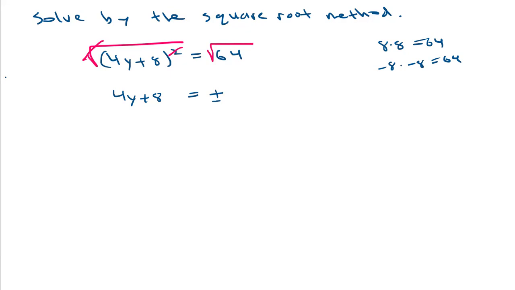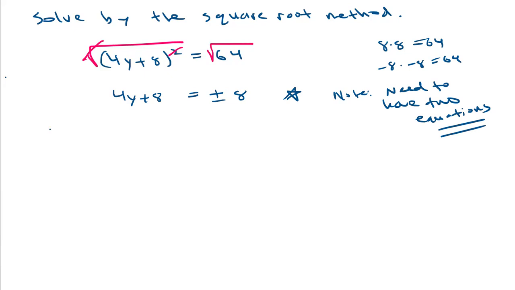This is going to be plus or minus 8, not just 8. I would put a star there to help you remember: note, you need to have two equations, because now we're dealing with the square.